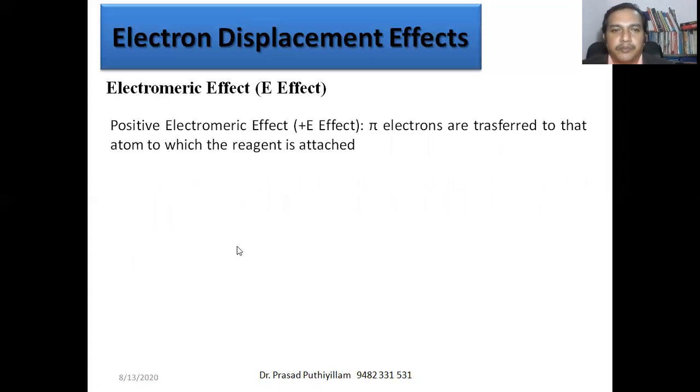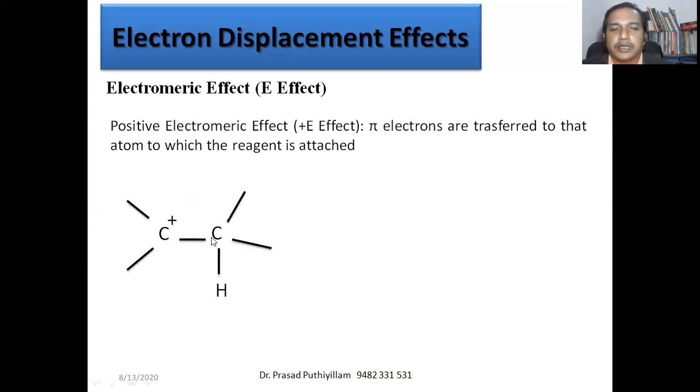Take the example of positive electromeric effect. The pi electrons are transferred to the atom to which the reagent is attached. For example, this is a molecule with a double bond. When a positively charged atom, H plus, comes here, the pi electrons will be transferred to the atom to which the reagent is attached. The hydrogen wants to attach to this carbon atom, so the electron movement can be represented like this. The pi electrons will move to the carbon atom, and then the hydrogen can come and form a bond here.